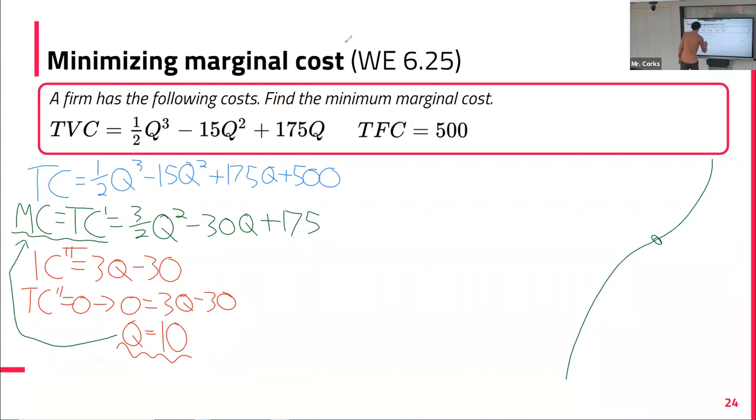So when Q is equal to 10, our marginal cost is 3/2 times 10 squared minus 30 times 10 plus 175.